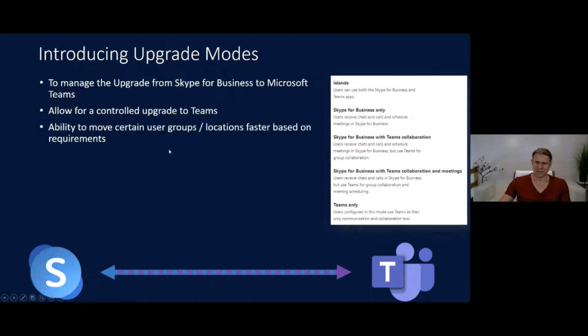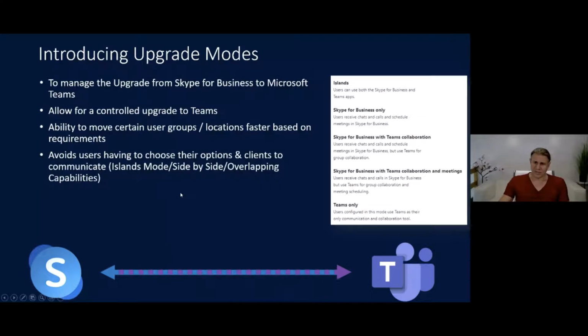It's just enabling. So the advantage of upgrade modes is that you can move certain user groups or users or locations, whatever you want to group your users. You can say this group of users is going to be in this certain mode, right? So you have the distinction between different user groups being in different modes.